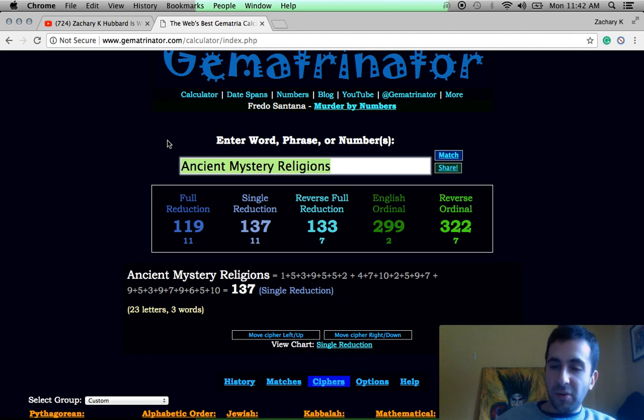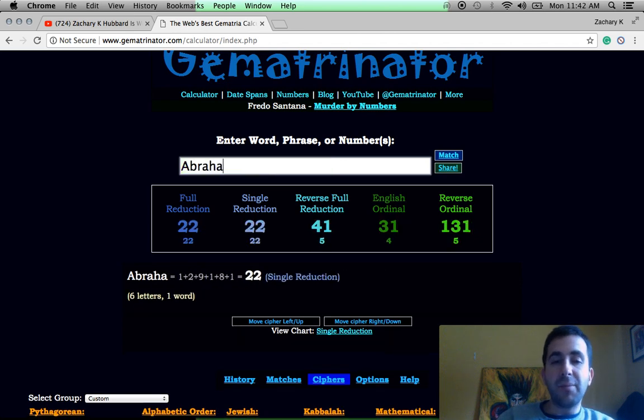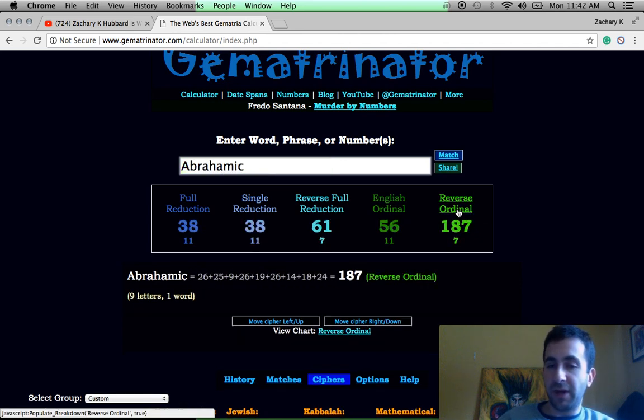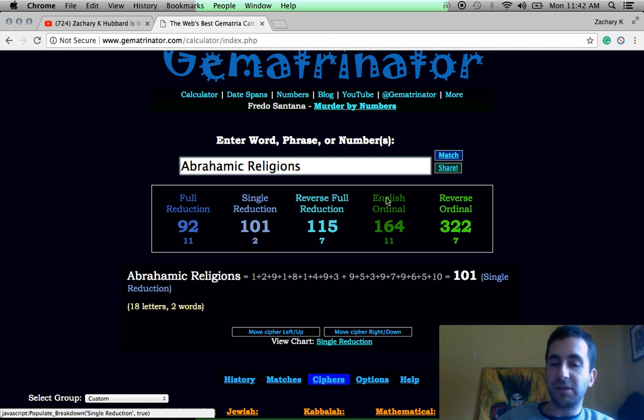In the Bible, you have the Jewish section, you have the Christian section, and then you have the Quran, the Islamic faith, which is based off of what comes out of the Old Testament. Those are the Abrahamic, notice Abrahamic's 187, religions, 322. You see? Special number there. This is where it comes from.